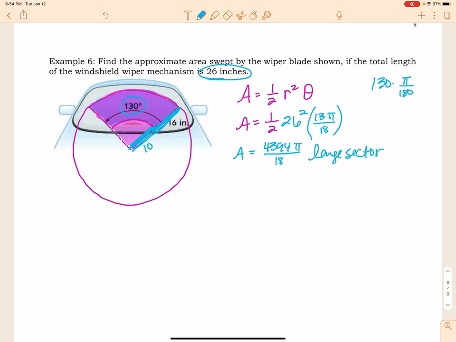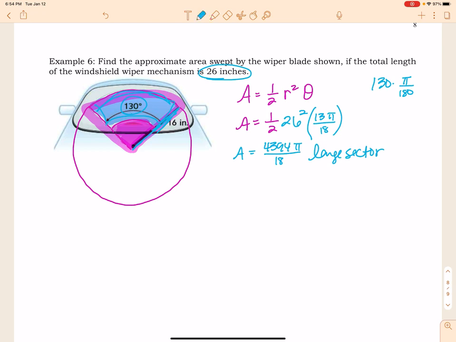So how are we going to go from all of this to just the portion I want, just that purple area? If you'll notice here, this little portion right here is also a sector. If I subtract that little sector from the whole sector, I will be left with the portion that I'm interested in.